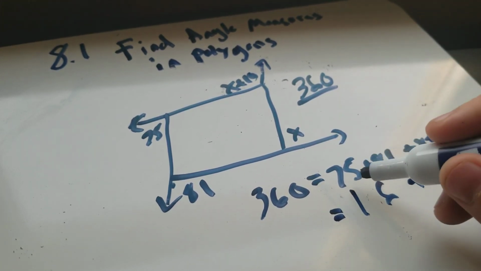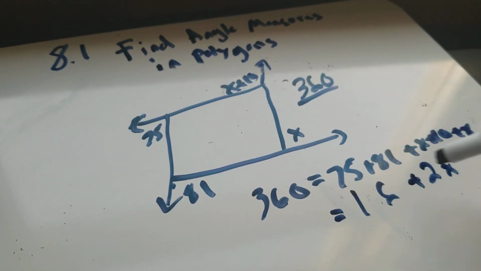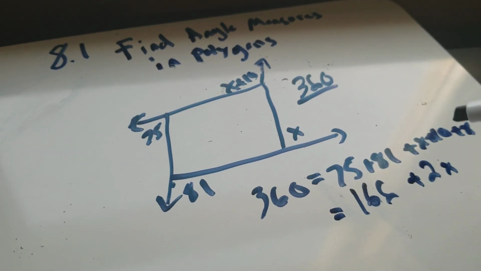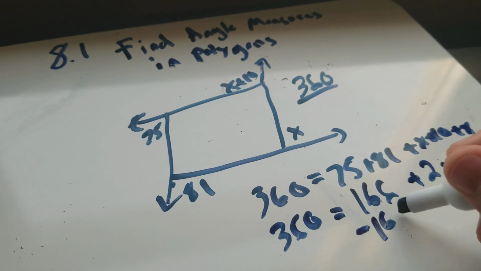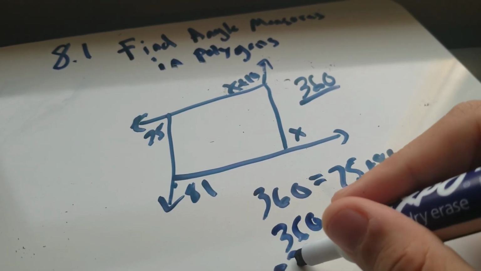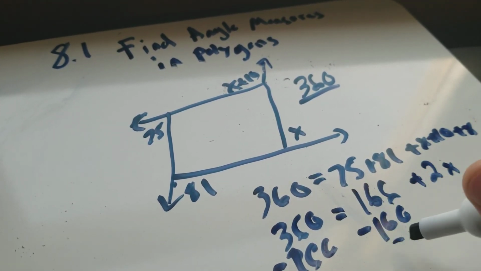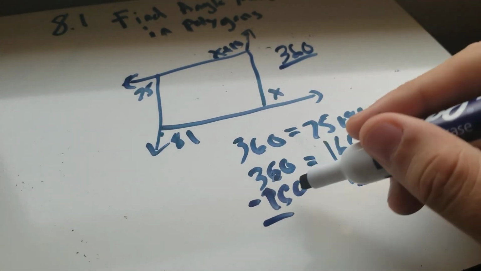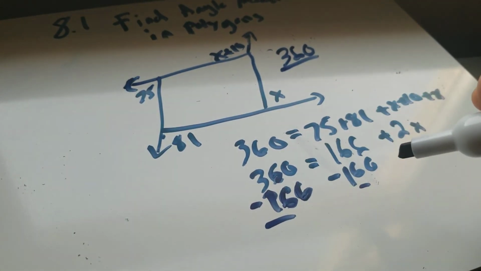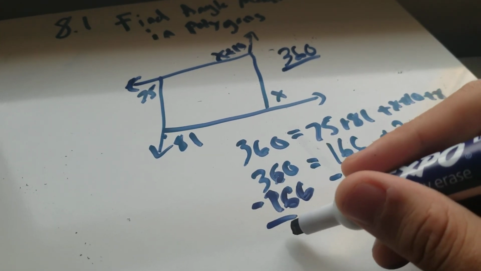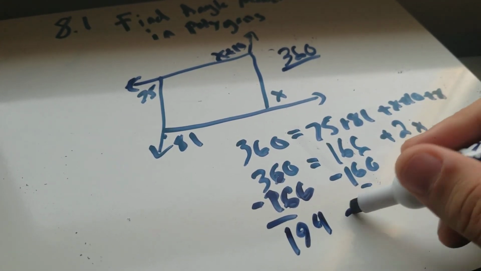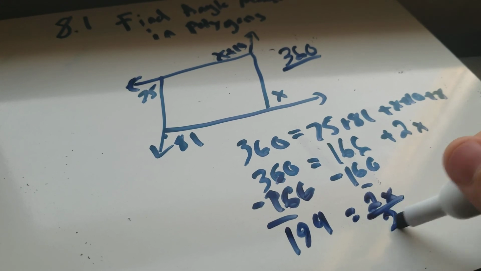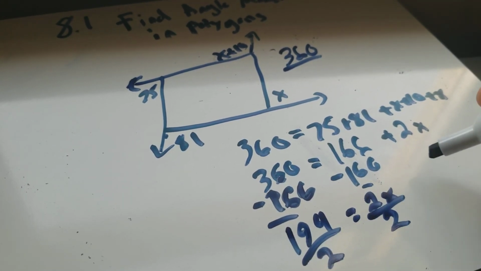So it's 75 plus 81 plus 10 is 166. So subtract 166 from 360. That's going to become 194 equals 2x, divided by 2 on both sides.